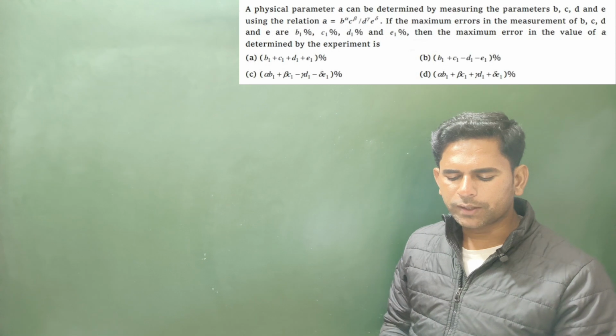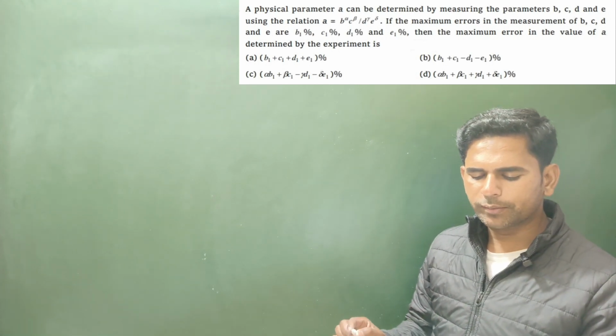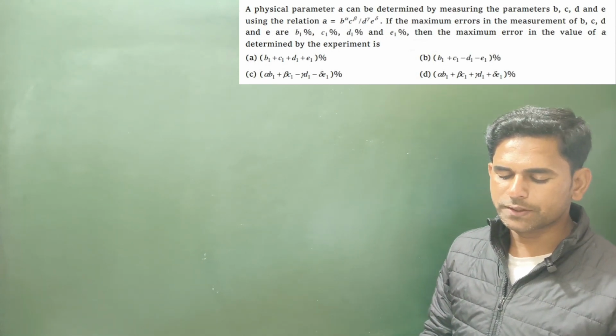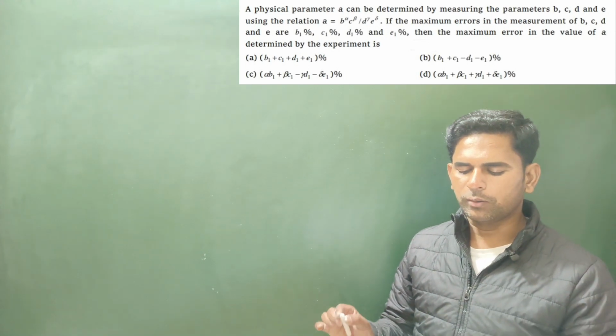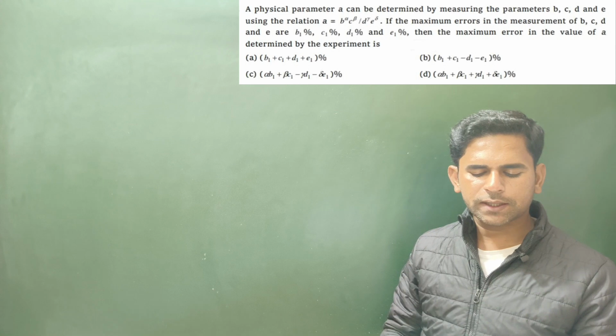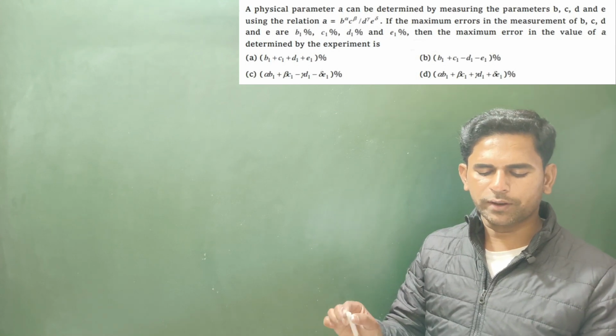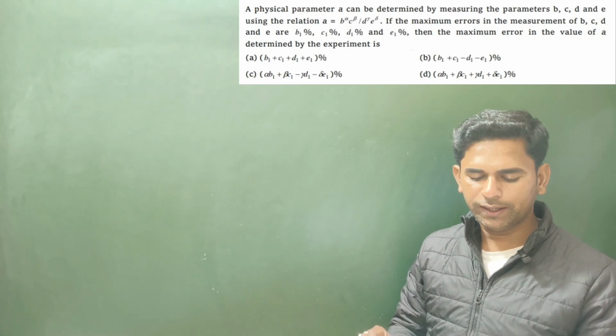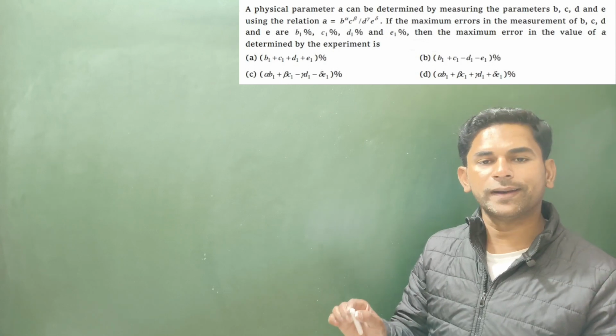A physical parameter a can be determined by measuring the parameters b, c, d and e, using the relation a is equal to b power alpha c power beta divided by d power gamma e power delta.